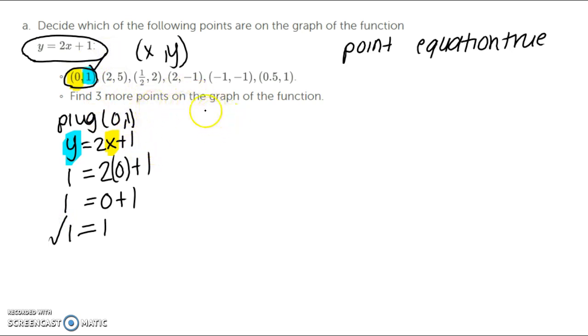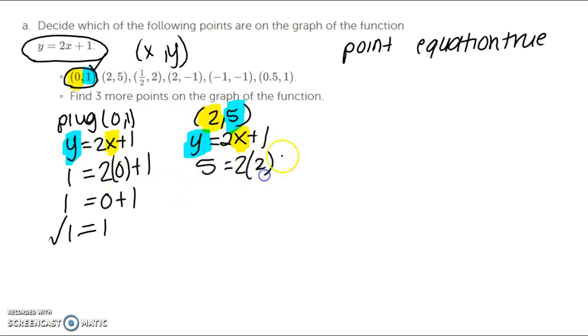Let's go ahead and try the second one. So the second point is 2 comma 5. And I'm plugging it into that same equation. My x value gets plugged into the x. My y value gets plugged into my y. So 5 is equal to 2 times 2 plus 1.